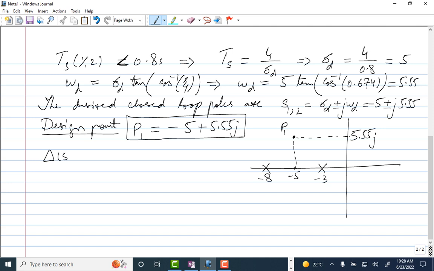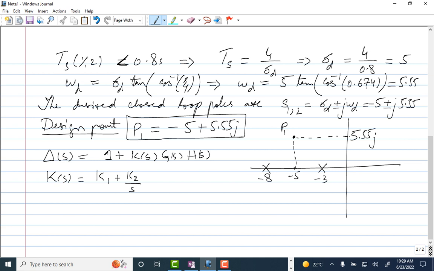Now before designing it, if you remember, we have a characteristic equation that is 1 plus K of s, G of s, H of s. We do it in MATLAB based on this characteristic equation. Here we want to design a PI controller, so this K of s becomes K1 plus K2 divided by s.